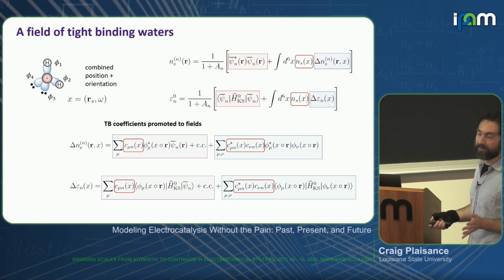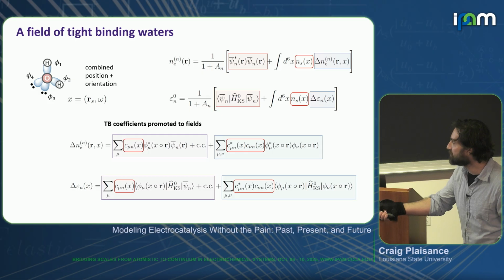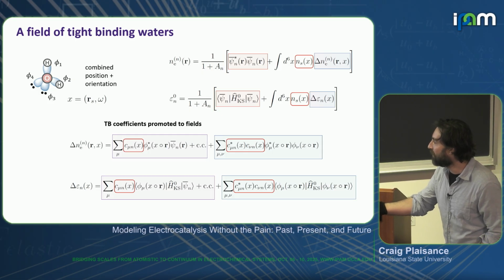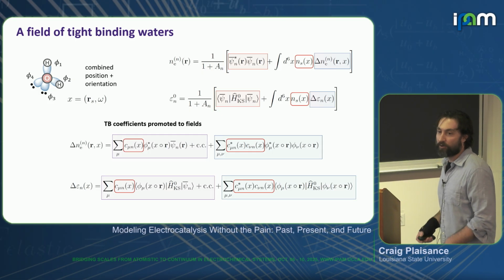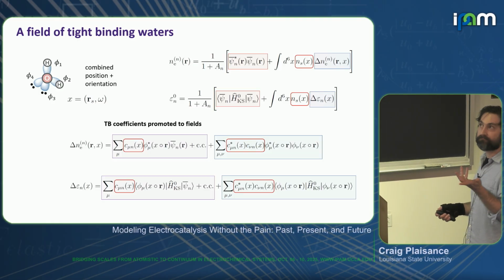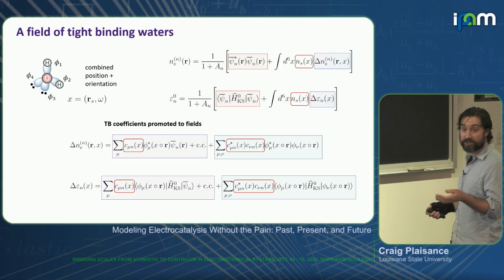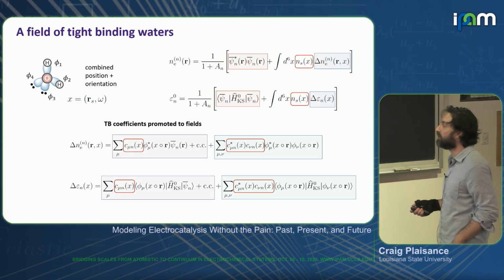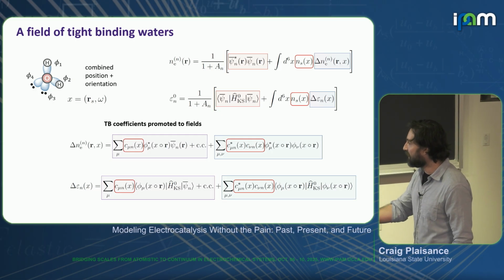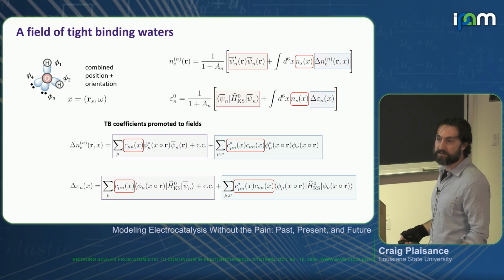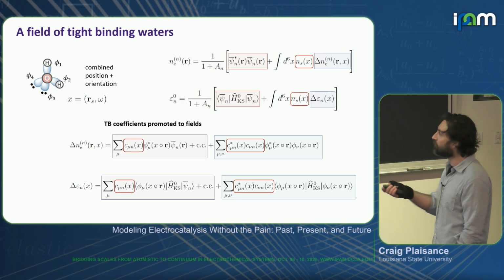That's the key that makes it n log n. If you look at the form of this equation, because these tight binding orbitals are rotationally and translationally invariant, because we're using spherical harmonics, these can all mathematically be computed as convolutions. We use FFTs to get n log n.